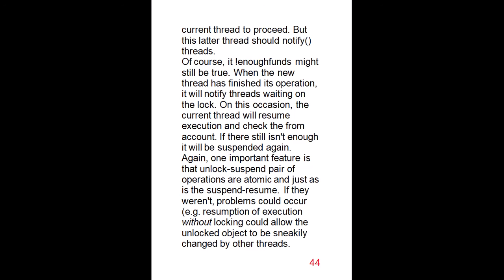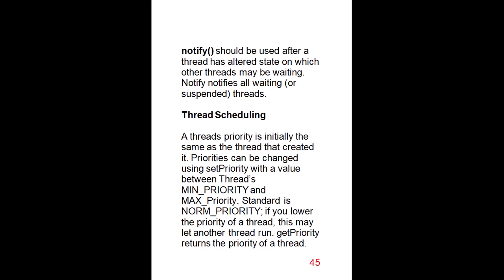But the key idea I want you to understand in the context of the last few minutes' discussion is that Java does have a way of ensuring mutual exclusion in the use of code that shouldn't be executed by more than one thread. So I hope you understand that.